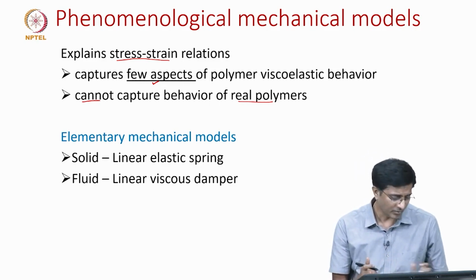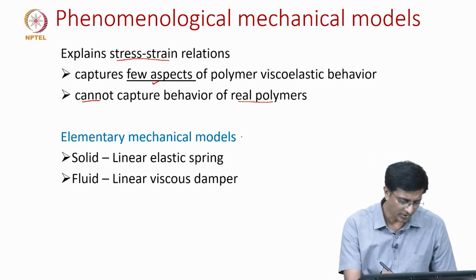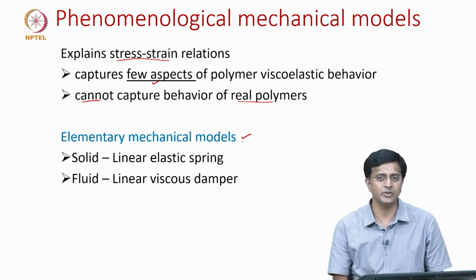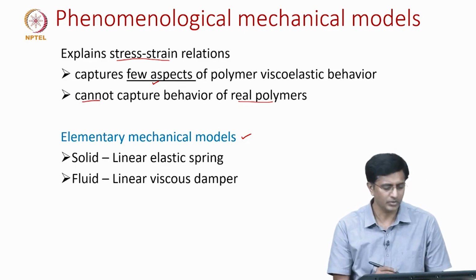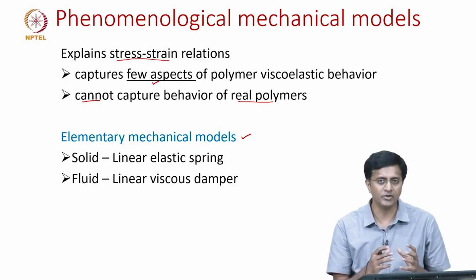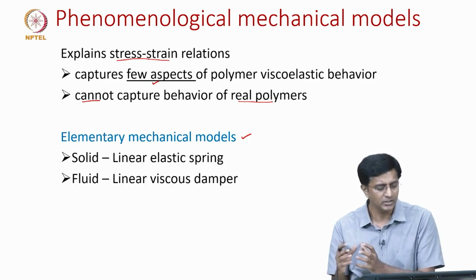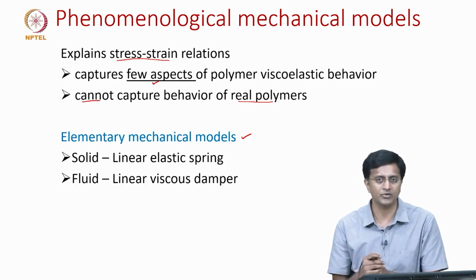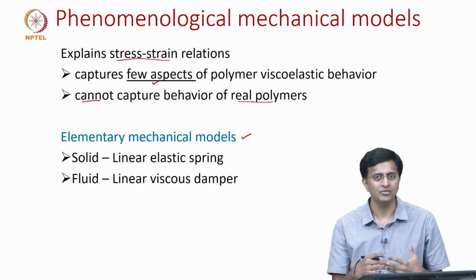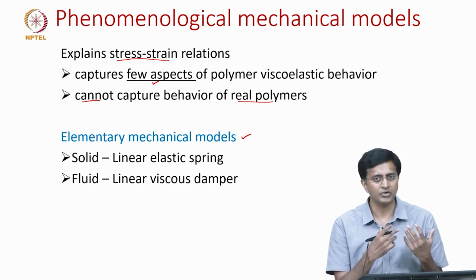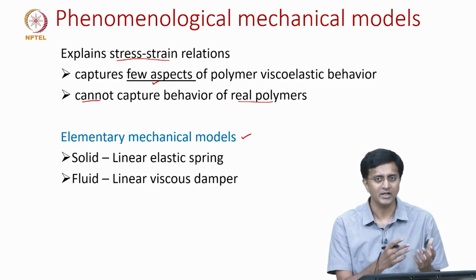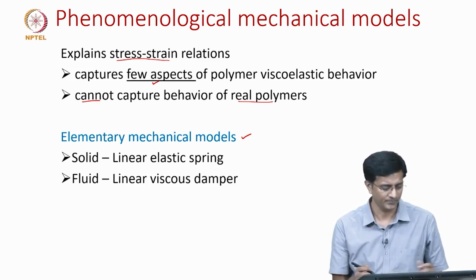So, we start by introducing some elementary mechanical models which will be helpful to describe the solid behavior of a polymer and the fluid or viscous behavior of the polymer. As the name says, when we talk about viscoelasticity, we should first be able to describe the viscous behavior as well as the elastic behavior.